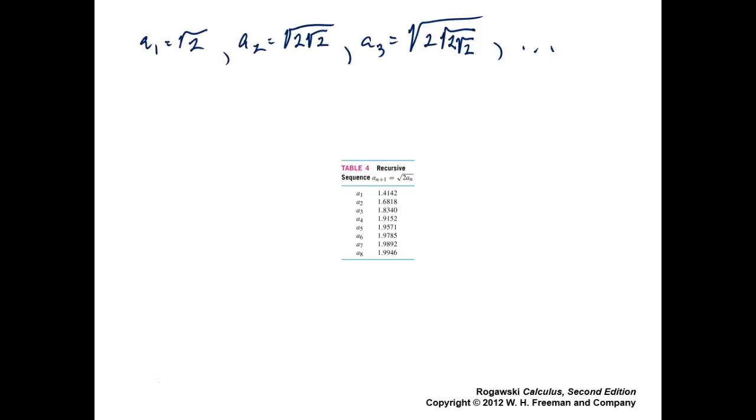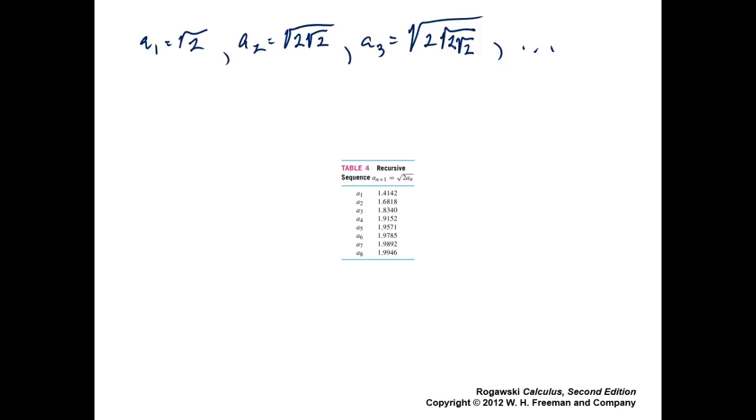Because basically what you do is take the square root of this, multiply it by 2. Take the square root of that, multiply it by 2. And just keep going. The square root of that times 2 is something less than 4, but the square root of that is less than 2.